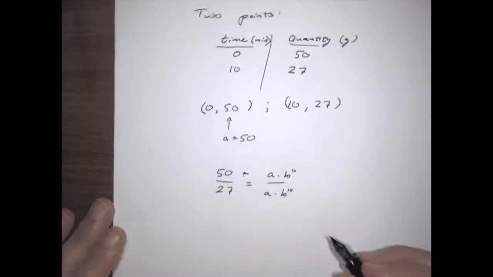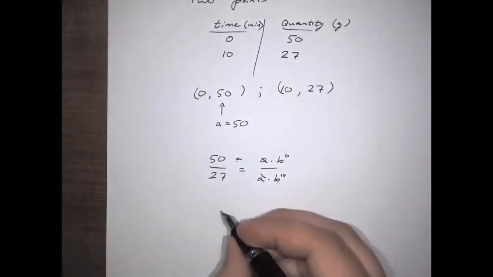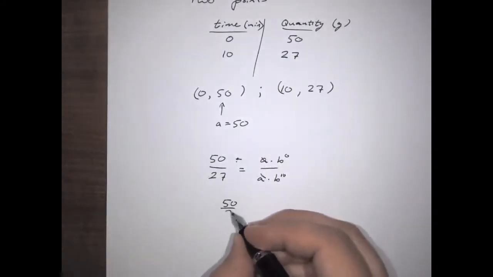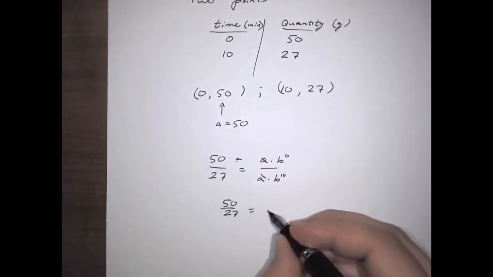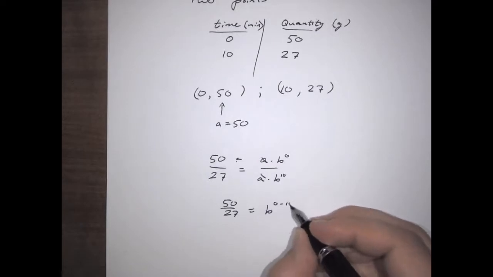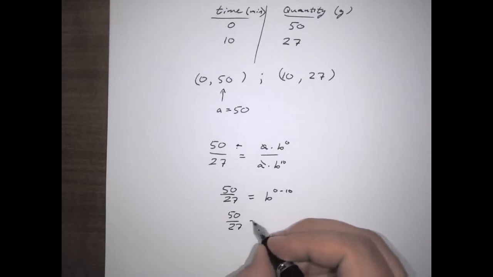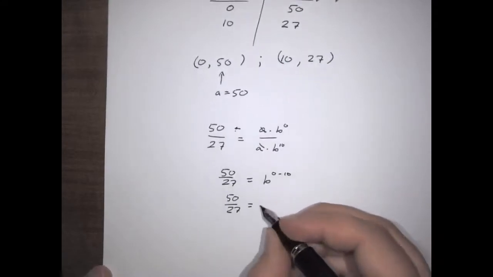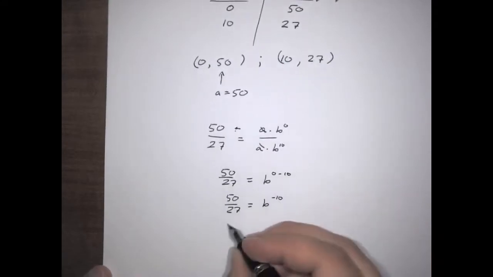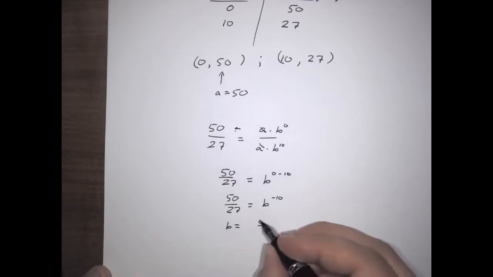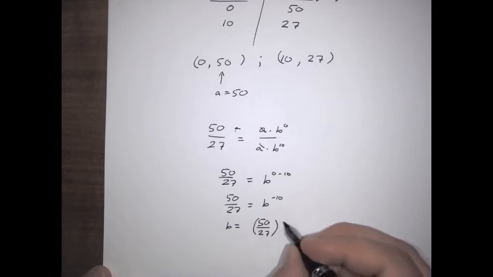And we just divide them, cancel those. 50 over 27 is the same as b to the 0 minus 10, which means 50 divided by 27 is the same as b to the negative 10th, which means b is equal to, and you notice these calculations are all going down the same pathway each time, negative 1/10.